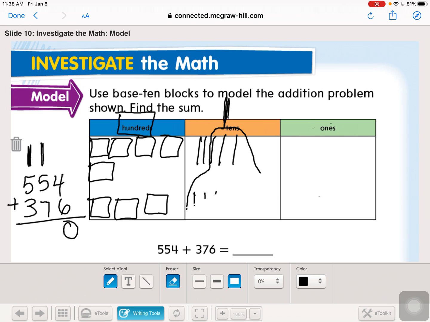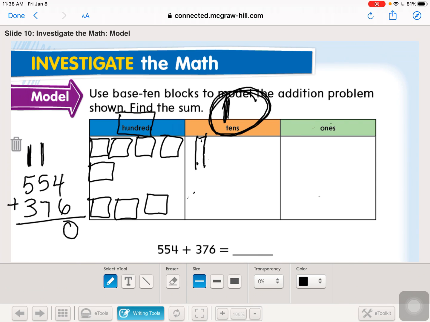So now I can get rid of this because I've regrouped them. And let's see how many I'm left with. Okay, I have 1, 2 left from before, plus this one that I regrouped.